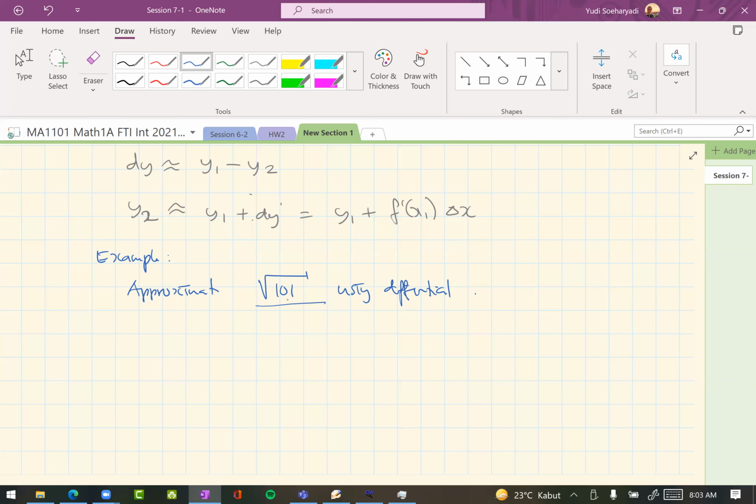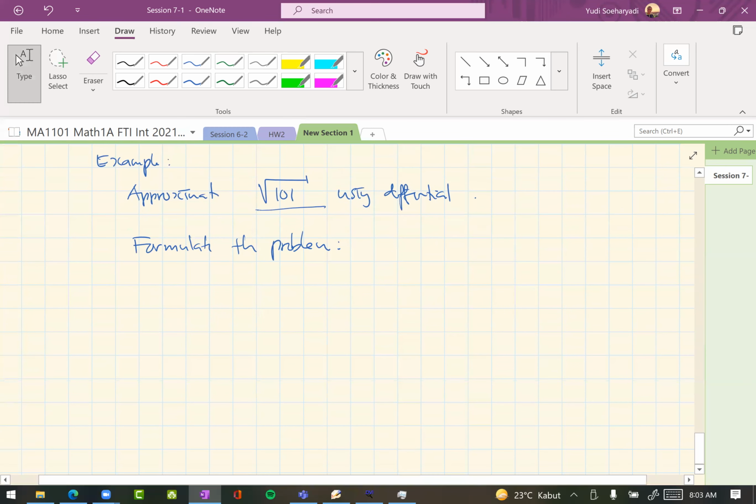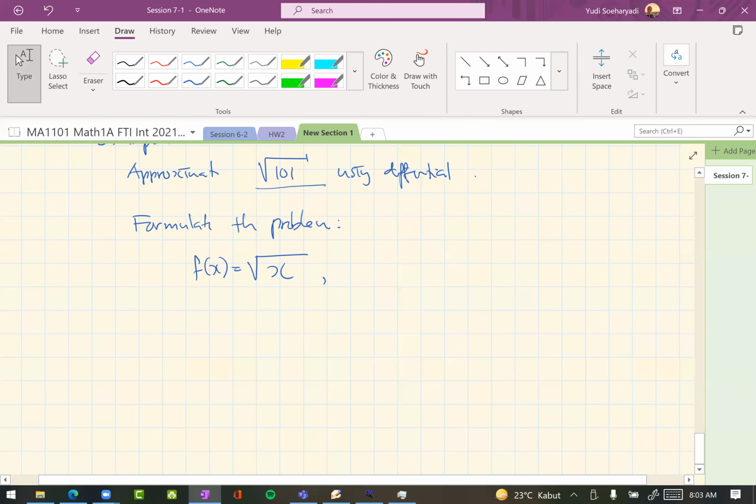Okay, so let's formulate it. Think about the square root function, and think about something that's easy.